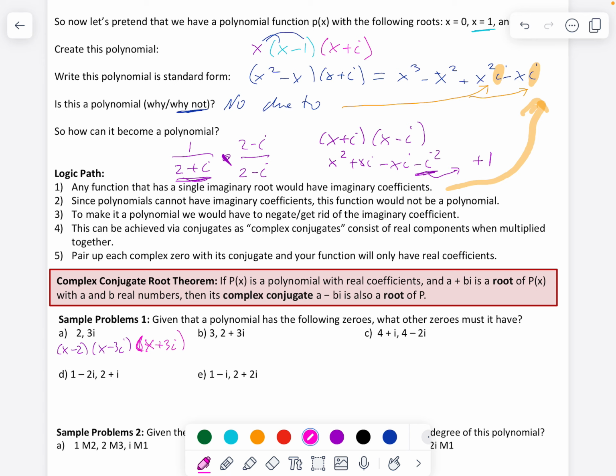And therefore, this must have this extra 0, and this must be at least a degree 3. Right? In this case, this is the same thing, but if I have a 2 plus 3i, I must also have a 2 minus 3i, which once again makes it a degree 3.